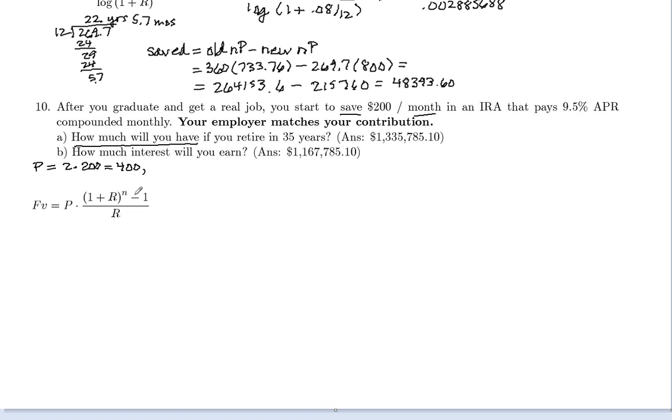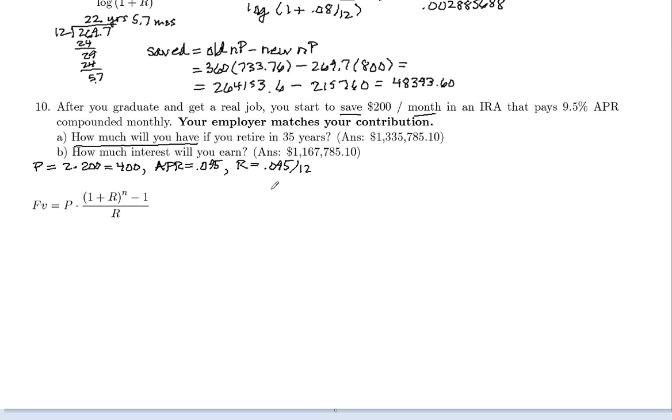Let's see. We know our APR here, 9.5%. Write that down. So that's 0.095. And 35 years is going to figure our N. We need a monthly rate here. So R is going to be 0.095, and we're dividing by 12.